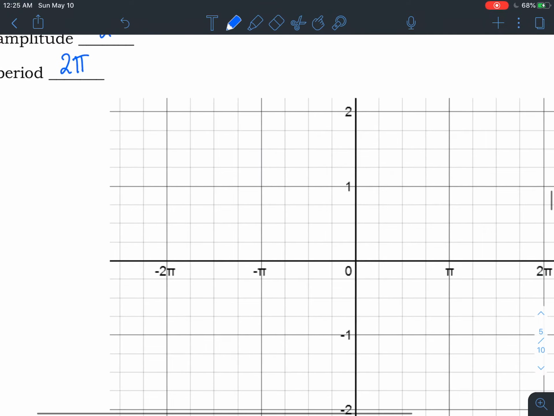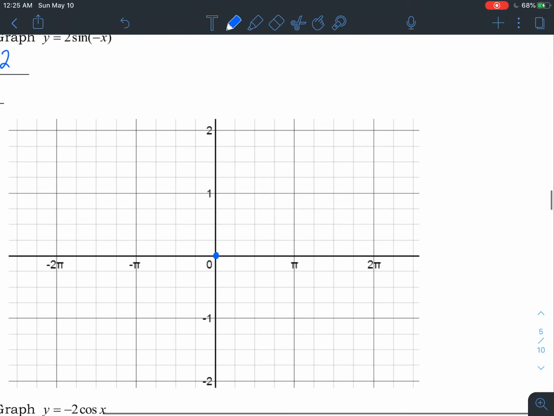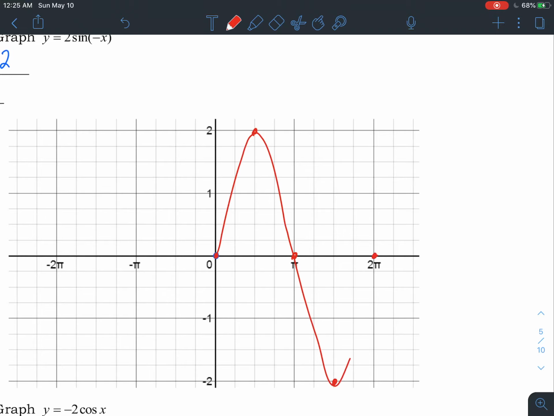Now, reflecting it horizontally means that I'm going to start still at 0. I would usually go up 1, but if I'm reflecting it, I can even kind of draw it here and we'll do red. This is my regular non-reflected version, right? Starting at 0, up to 2, down to 0, down to negative 2, and back here. That's regular 2 sine of x.